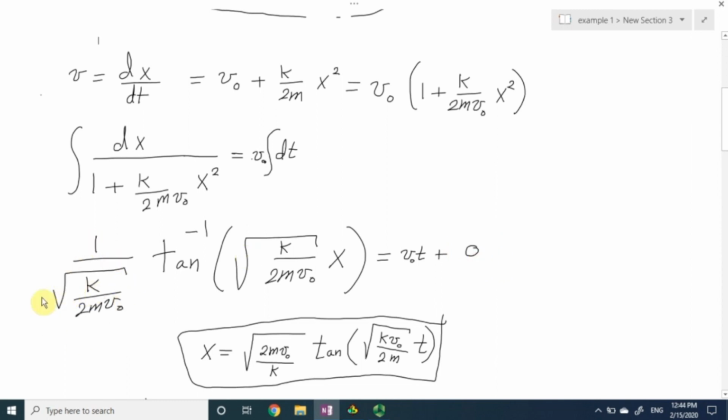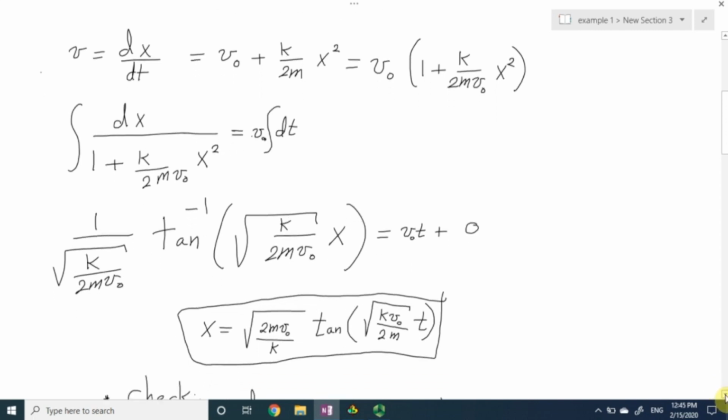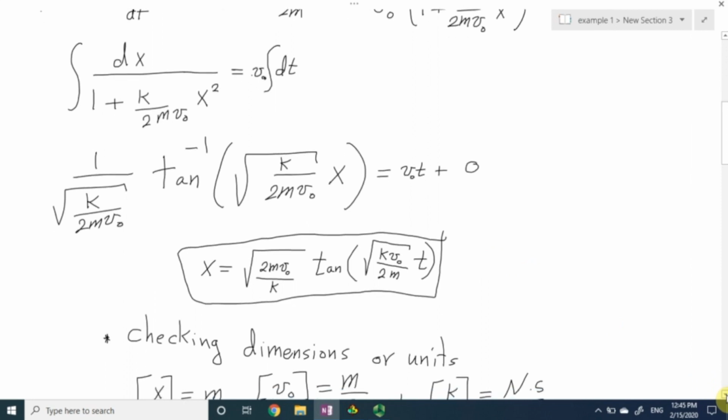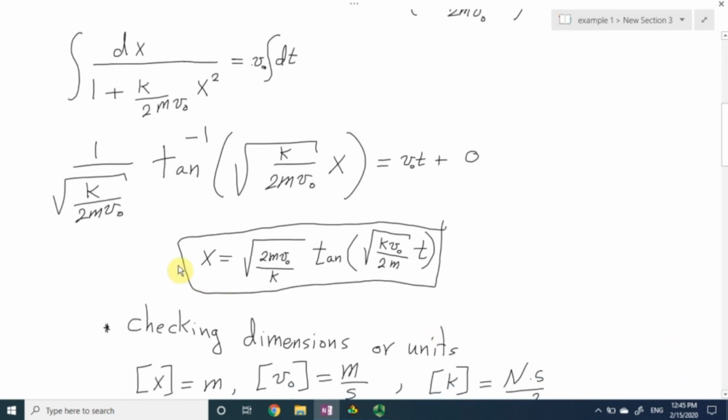Next, I'm going to move this constant here to the right-hand side, and then get rid of the tan inverse by taking the tan function of both sides, and that will give me x multiplied by this constant equal to tan of the right-hand side. I'm going to divide by this constant, take it to the other side to reach the final answer. Please go through these steps carefully, and you can easily reach this result.